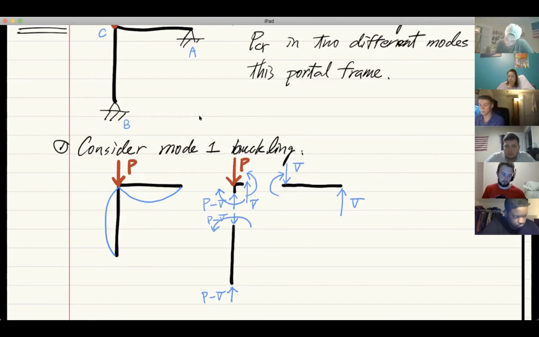Now we're going to use this moment to determine the direction of the shear force acting on the column member. If you know this moment goes this way, you know already that the shear force must be acting this way. Otherwise, it will not be balanced. If the shear force acts this way, you also know that another one must be acting in the opposite direction. Then we're done with the analysis of this total frame.